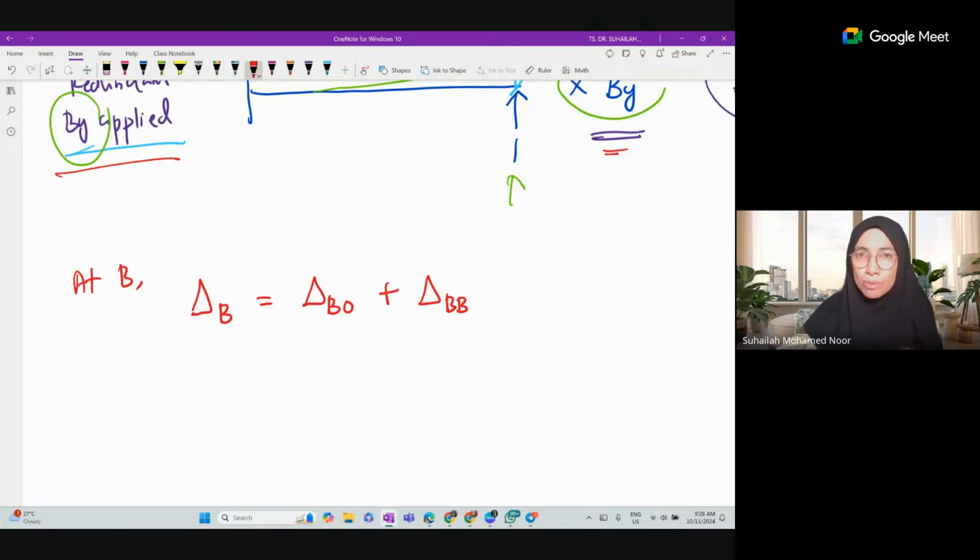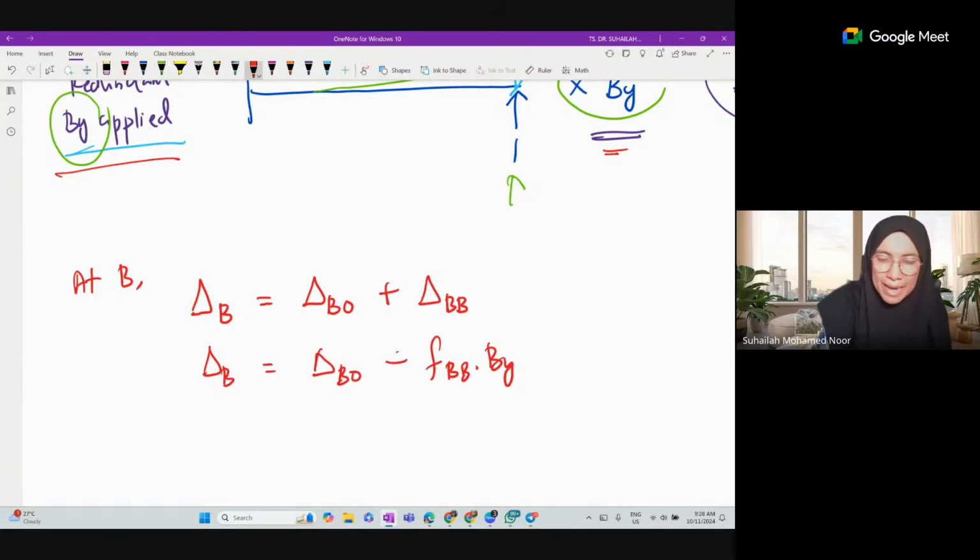Originally, BY is there, right? But after we change to 1 times BY, we also change this to FBB times BY. So delta B is equal to delta B naught plus FBB times BY. Okay, so the original is this, because this is due to BY, but this is due to a unit value of BY.